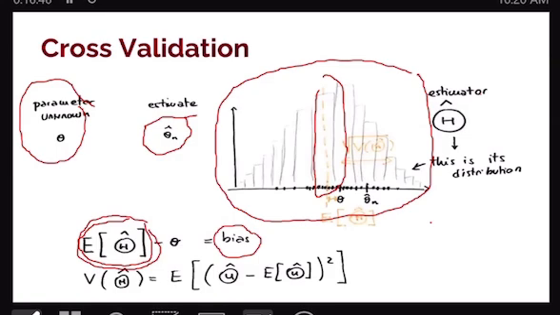Now, what is the meaning of bias? What is the meaning of this in modeling? The implication here is that you have used a model that is too simple. I'm going to say that again.